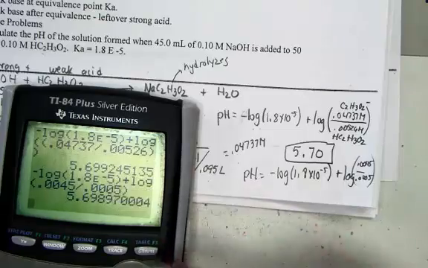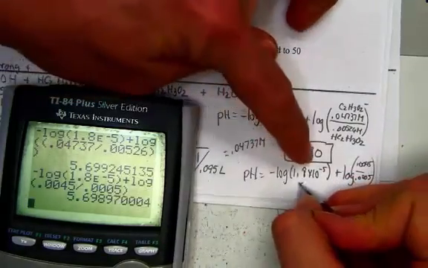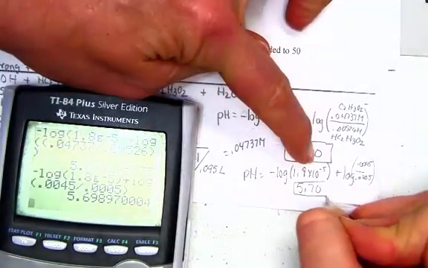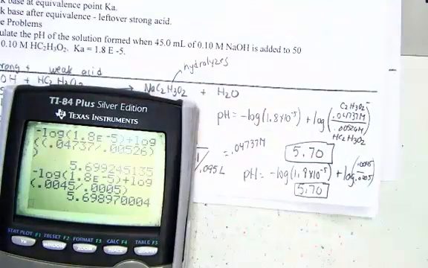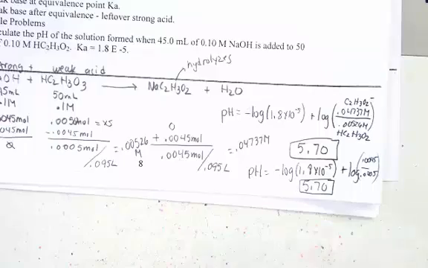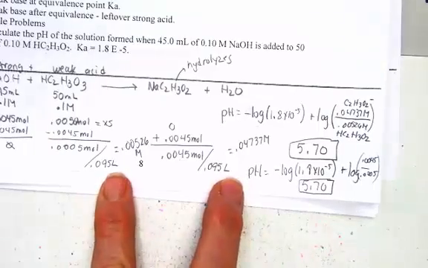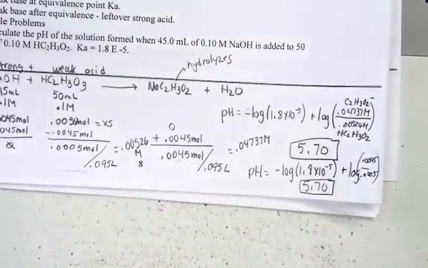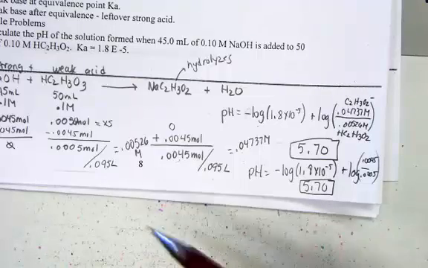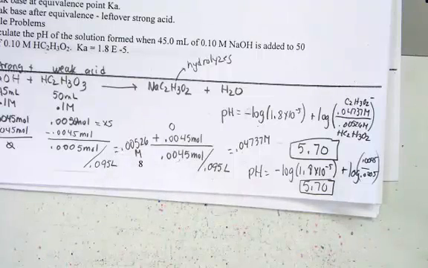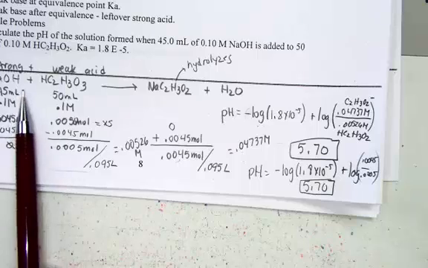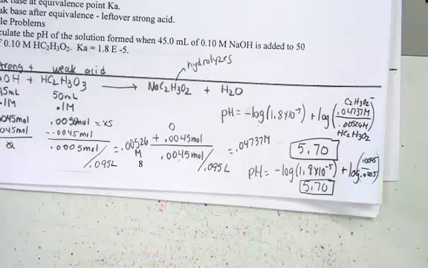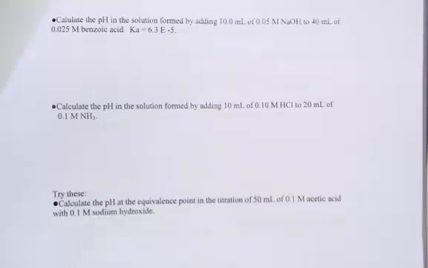Indeed, the same answer, 5.70 pH units. So eliminating the step of dividing by the additive volume still reaches the same answer of a pH of 5.7. We can see that we're prior to the equivalence point. Strong base, weak acid, the pH ends up greater than 7 at the endpoint, and we're not quite there by this pH reading.